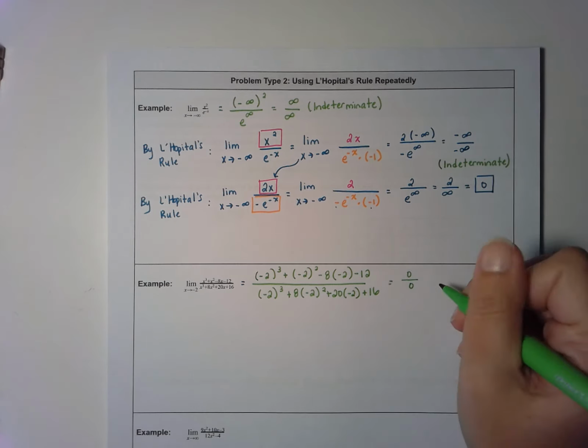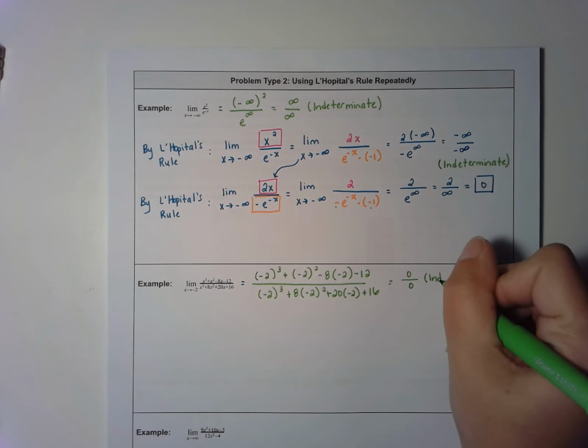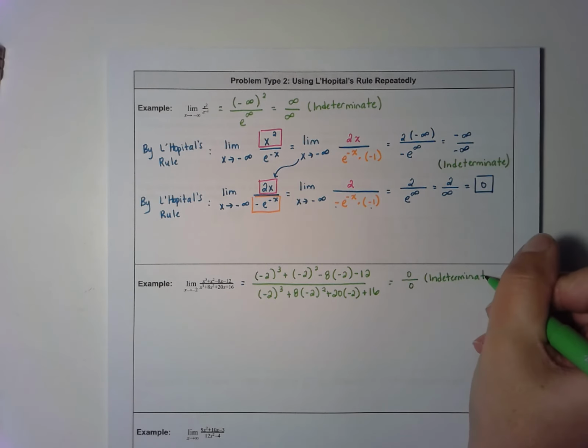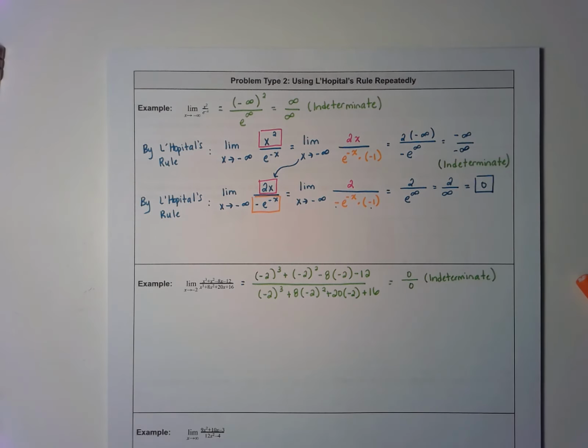So 0 over 0 is an indeterminate form for a limit, which means we can use L'Hopital's rule.